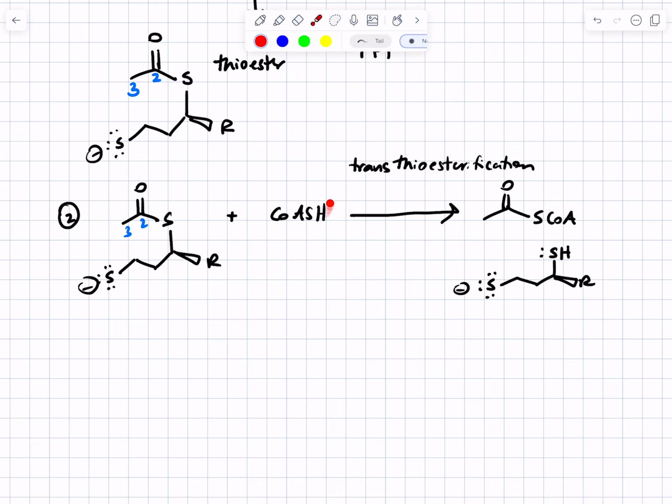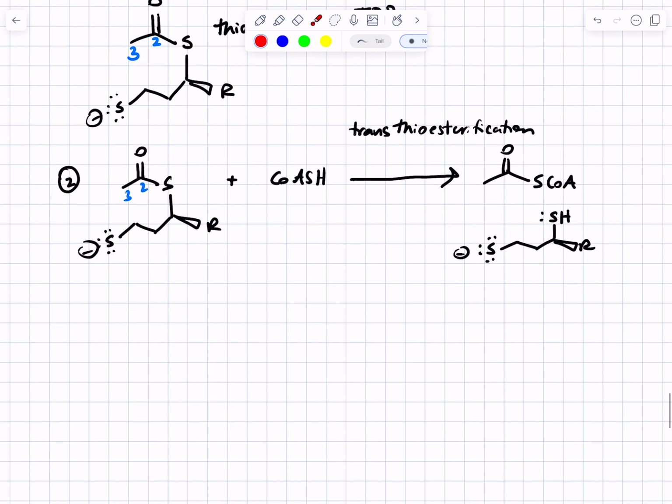To talk you through it, a base would remove this proton, the thiolate would attack the carbonyl carbon, you get a tetrahedral intermediate, the other thiol gets kicked off. That generates acetyl-CoA, and that is the substrate for the Krebs cycle, or the citric acid cycle.